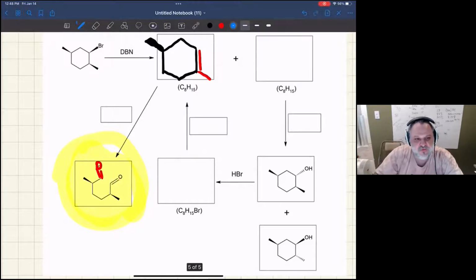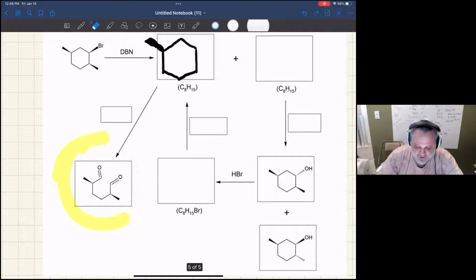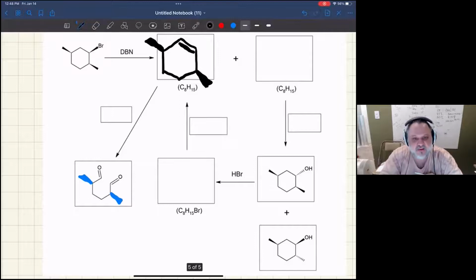And so let me remove some of the clutter and let's take a look at what's going on with that. It looks like the product of this reaction is very symmetrical. And so notice that the stereochemistry of the two methyl groups is maintained. And so that means that whatever I start with, this methyl group has to have its stereochemistry. And so that means the double bond must have been here.